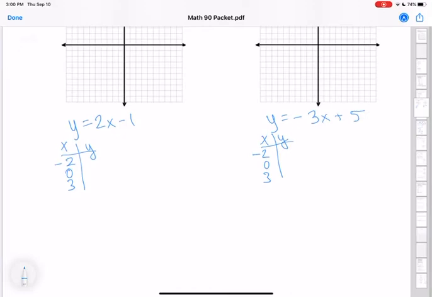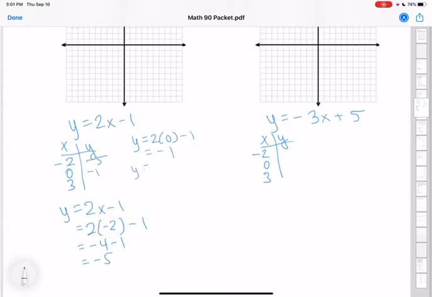All right, so I have y equals 2x minus 1. I'm going to plug in that negative 2 for x: 2 times negative 2 minus 1. So I get a negative 4 minus 1 is a negative 5. If I plug in 0, I'm going to get a negative 1.